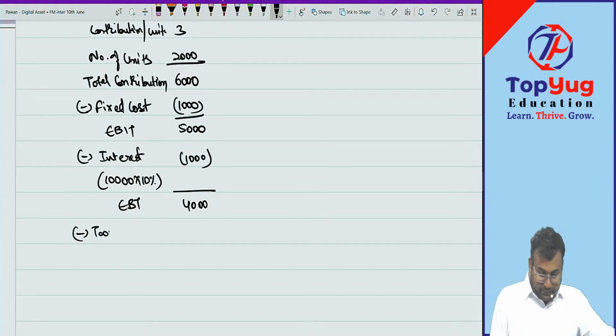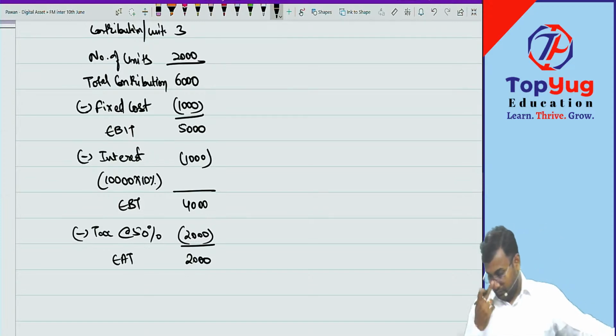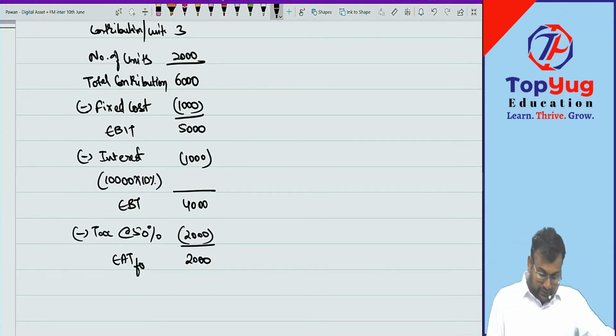Minus tax at a rate of 50%, very high tax. Is there any preference shares? No. Can I write this as EAT for equity? That's here itself.